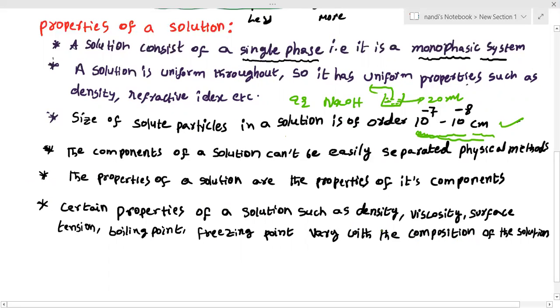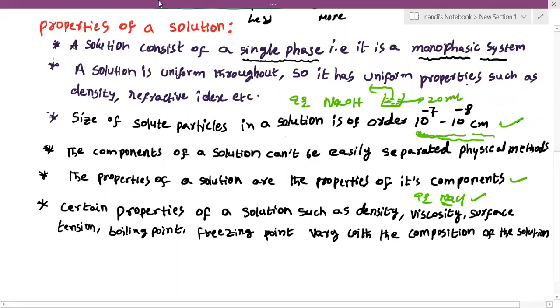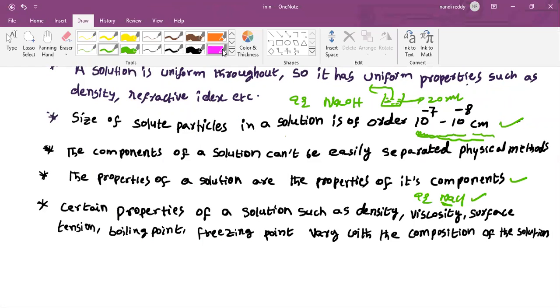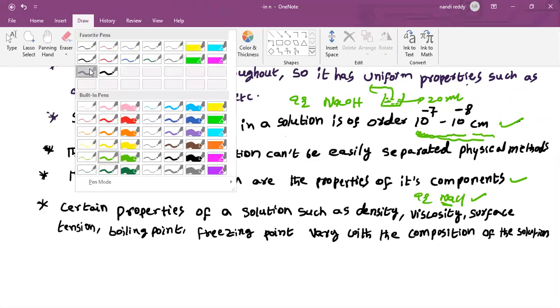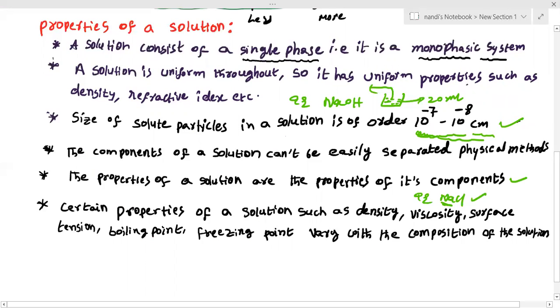For example, take aqueous NaCl. NaCl is a neutral salt, so the properties of the solution depend upon the character of NaCl. Is it clear? The properties of a solution are the properties of its components. Similarly, if you dissolve KOH in water, KOH has a basic character, so the properties depend upon KOH. Is it clear? So the properties of a solution depend upon its components.